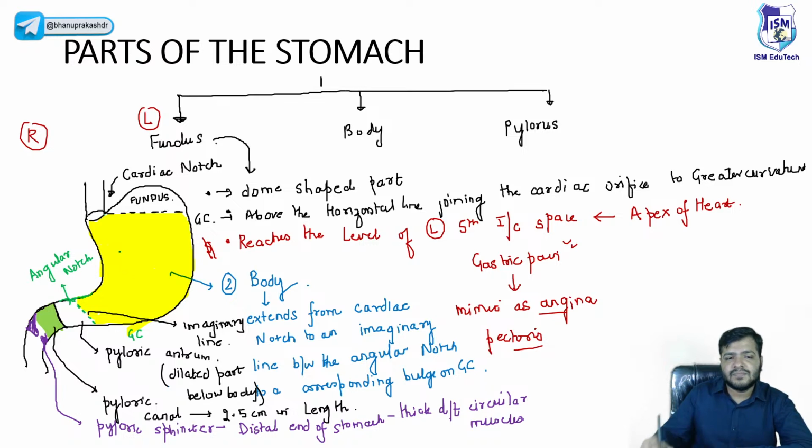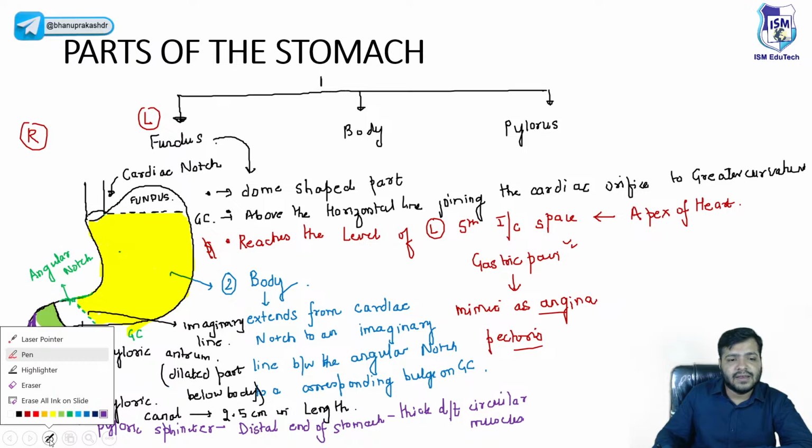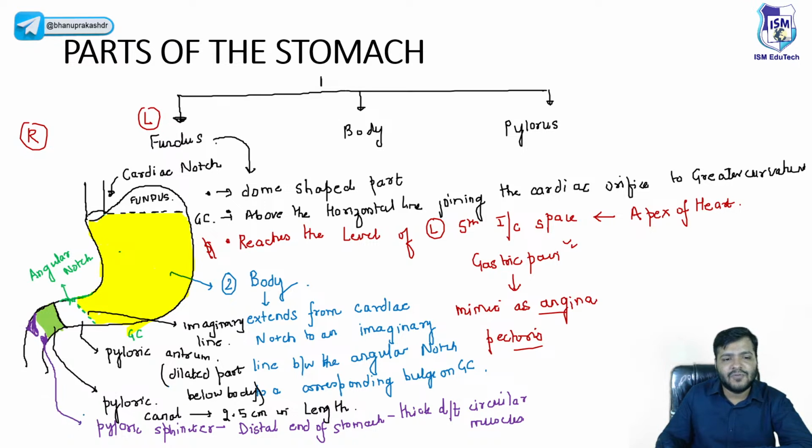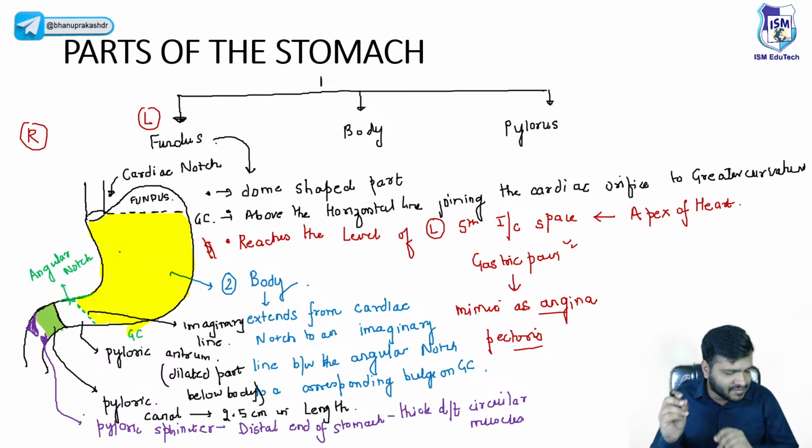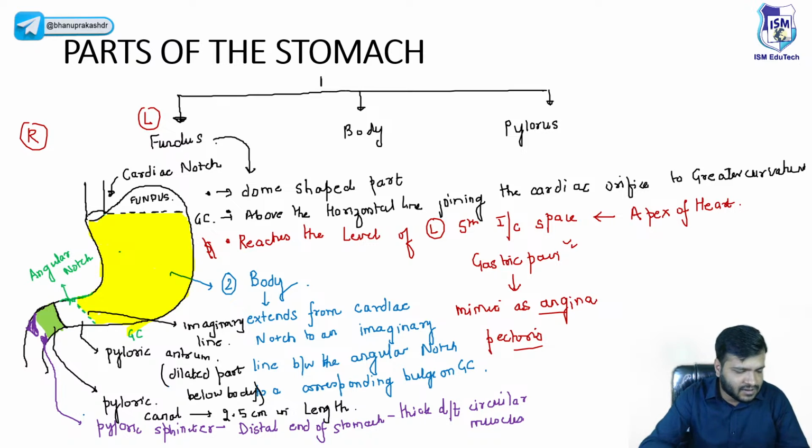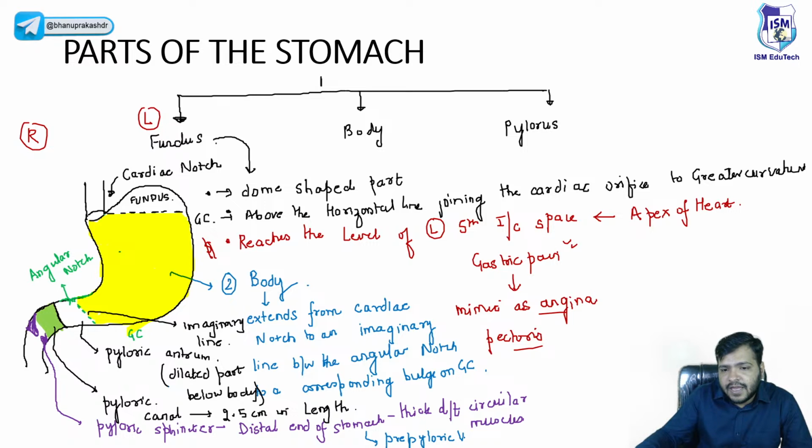This region basically contains one nerve. Can anyone tell me the name of the nerve? I will discuss this nerve after a couple of minutes. But this pyloric sphincter basically contains a nerve, and that is called the pre-pyloric vein of Mayo.